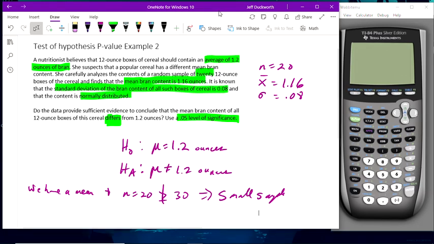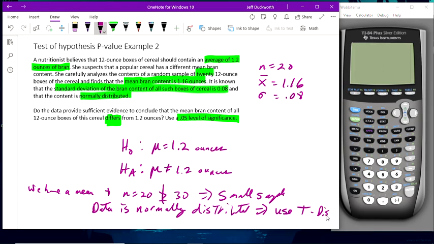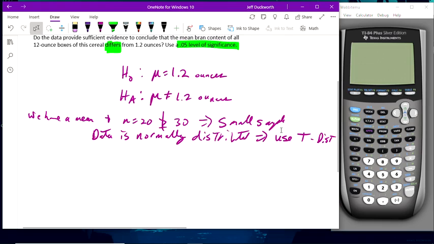Now, we also have the piece of information that the data is normally distributed. So we can use the T distribution.